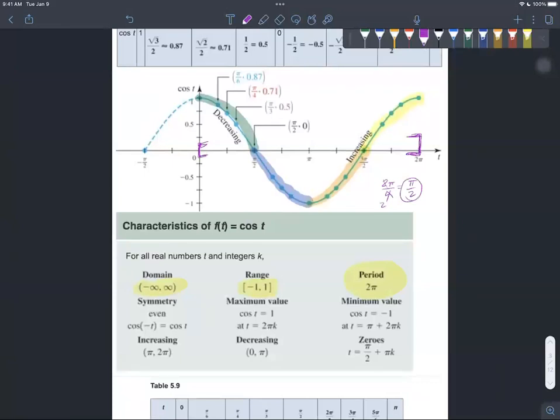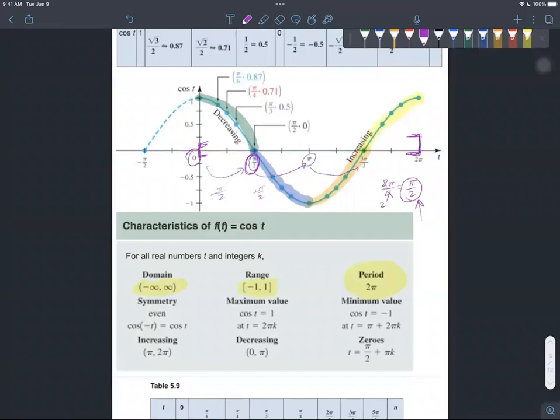At 0, it has its maximum for cosine. Then pi over 2 radians later, we reach a 0. Pi over 2 radians later, we reach a minimum.